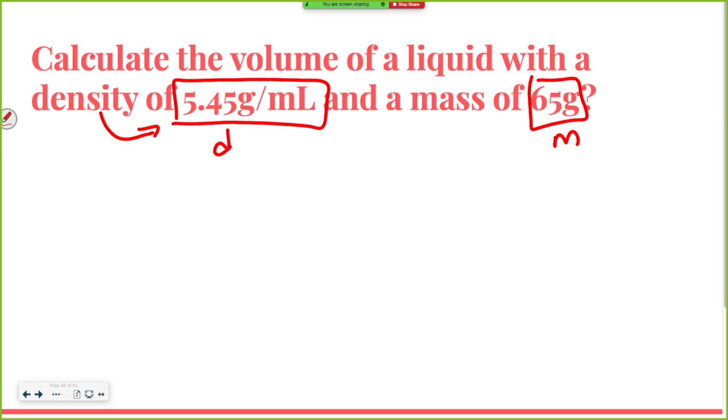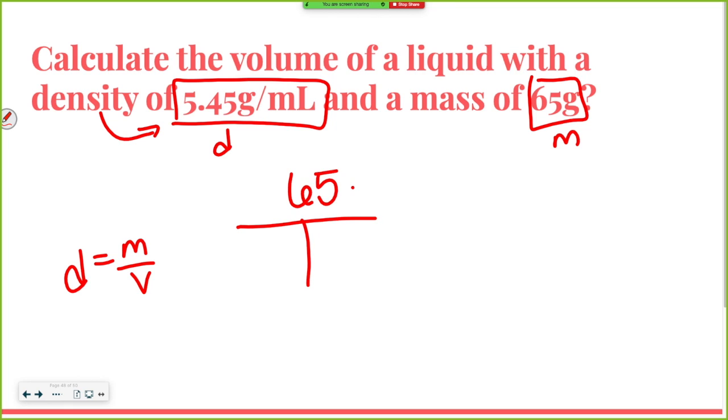So mass, density equals mass over volume. When I plug it into my triangle, my mass is 65 grams. My density, 5.45 grams per milliliter. And so, Molly, what does that mean my volume is going to be measured in?